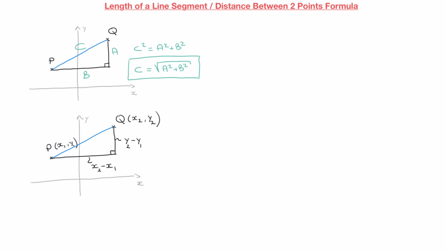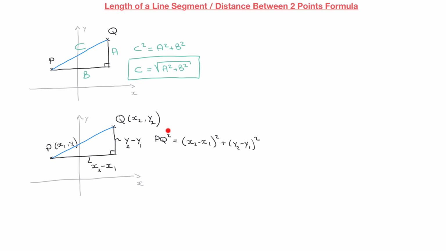And so with these 2 side lengths in mind, we can apply Pythagoras' theorem to state that PQ squared is equal to the sum of the squares of the other 2 side lengths. So that would be PQ squared equals (x sub 2 minus x sub 1) squared plus (y sub 2 minus y sub 1) squared.